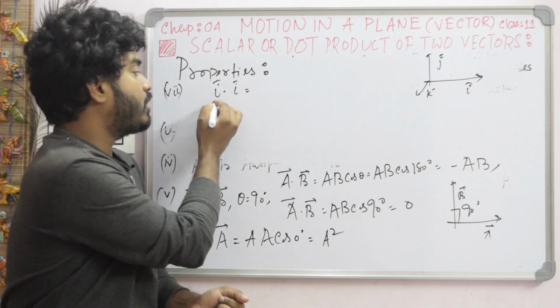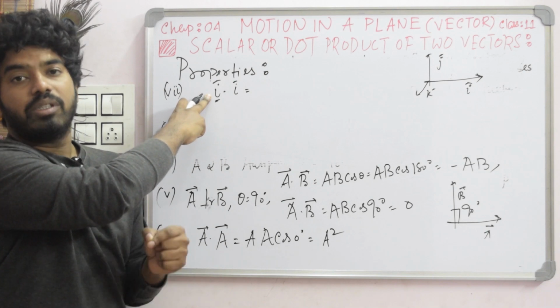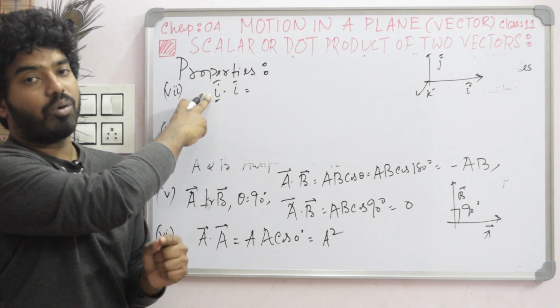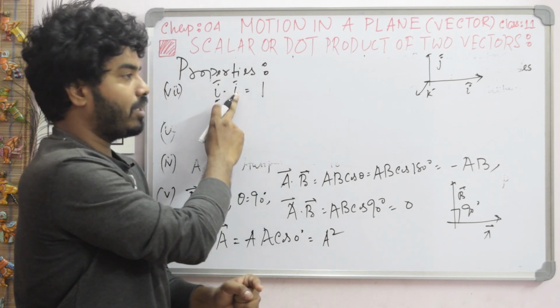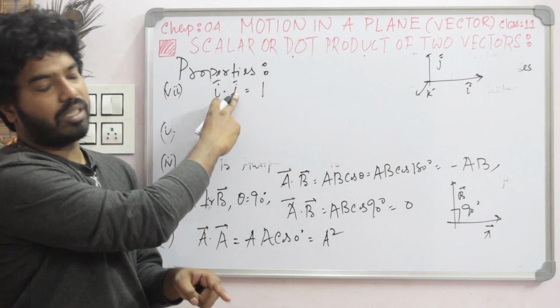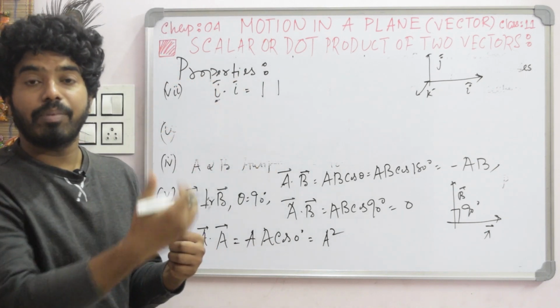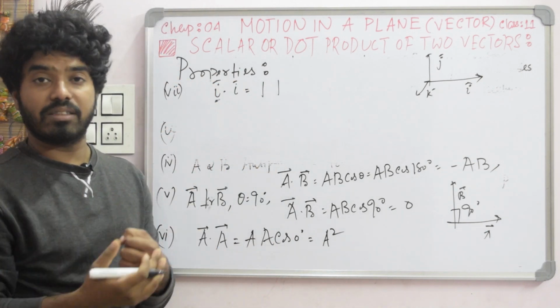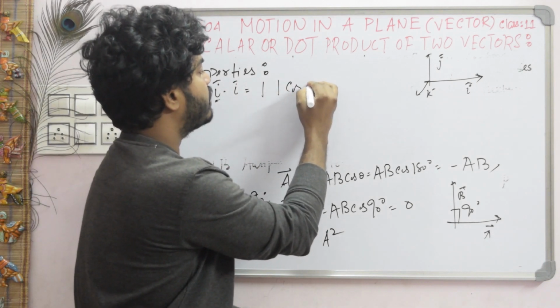So at first you have to write down the magnitude of this i cap, and you know the magnitude of a unit vector is always 1. So the magnitude of i cap is 1. The magnitude of the other i cap also gives 1, and the angle between i cap and i cap: both represent the direction along the x axis. Both are the same, so the angle between them is 0 degrees.